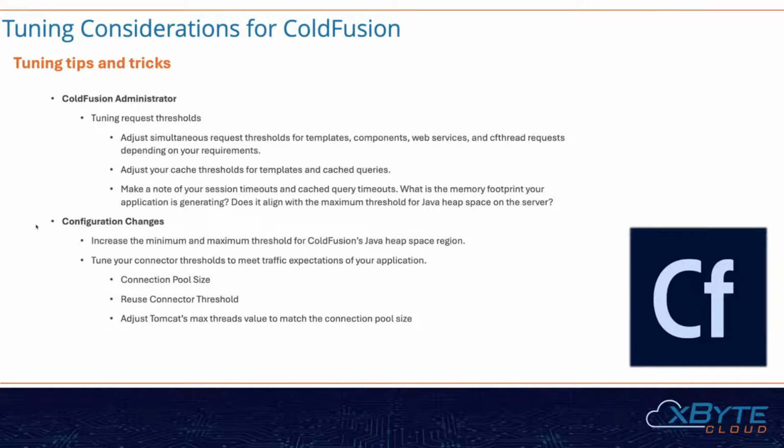I think the default may be 1 GB, but depending on the load and what kind of tasks are being performed, you may have an application that really needs 4 GB of Java heap space or 8. As you start to load test your application, you may find that you're getting out of memory errors, and you'll see a complaint about Java heap space. You can fine tune that threshold to meet your application's needs.